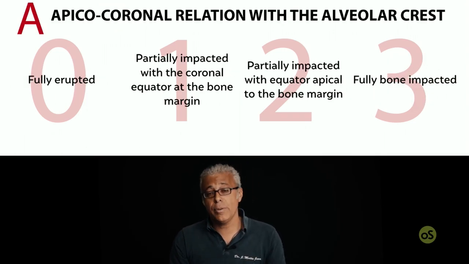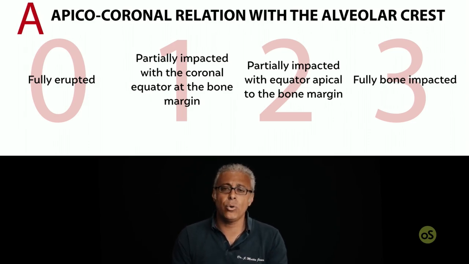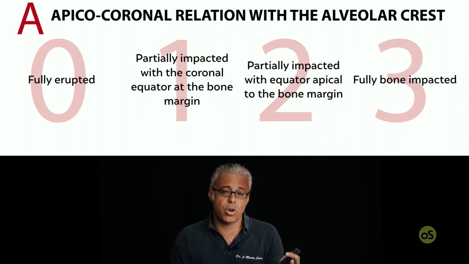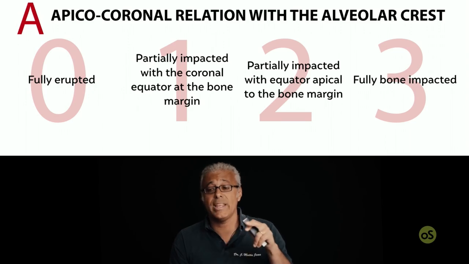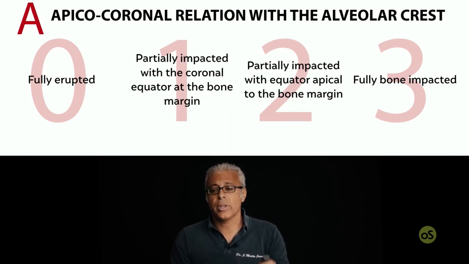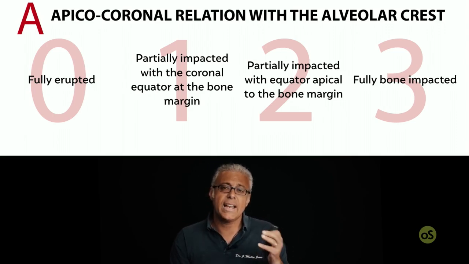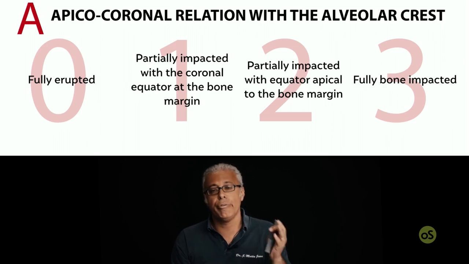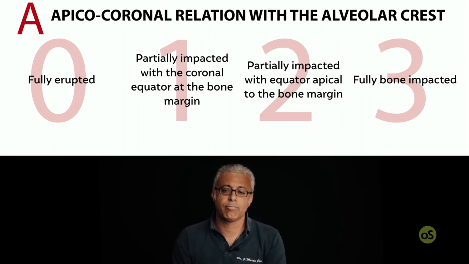Then we have the third parameter, which is the apico-coronal relation with the alveolar crest. 0 points given to the fully erupted tooth. 1 point given to the partially impacted with the coronal equator at the bone margin. 2 is a partially impacted with the equator apical to the bone margin. And 3, worst scenario, fully bone impacted.